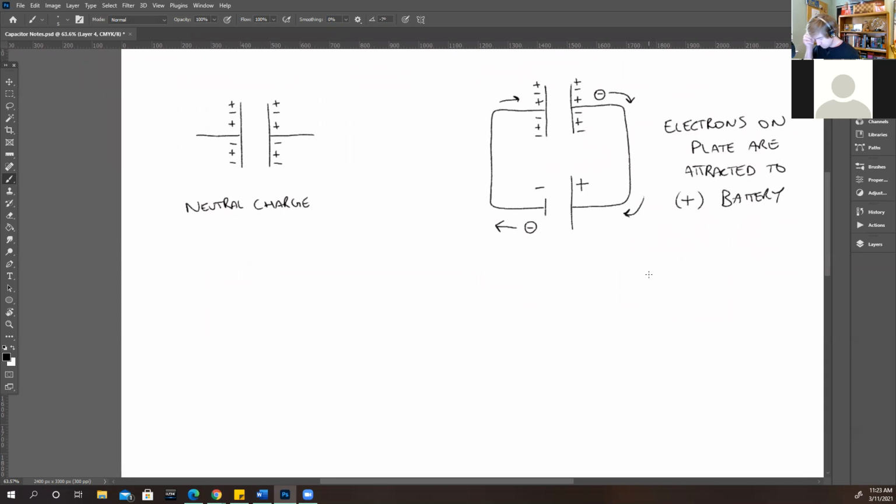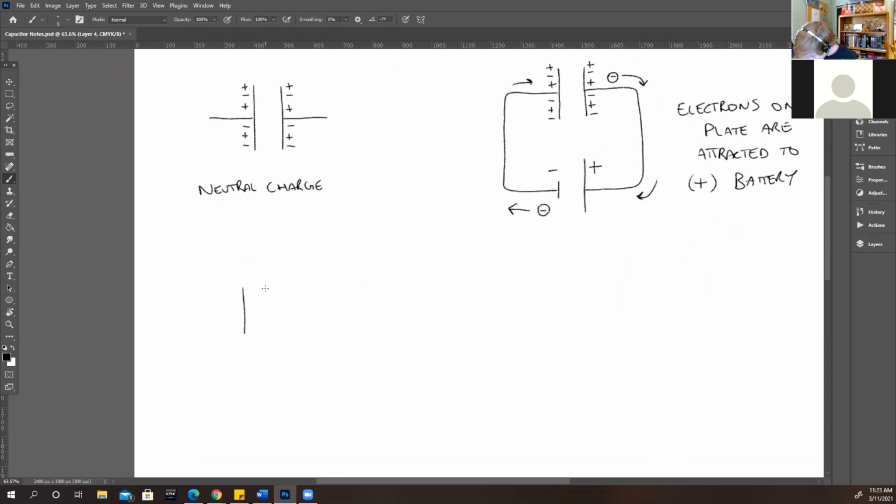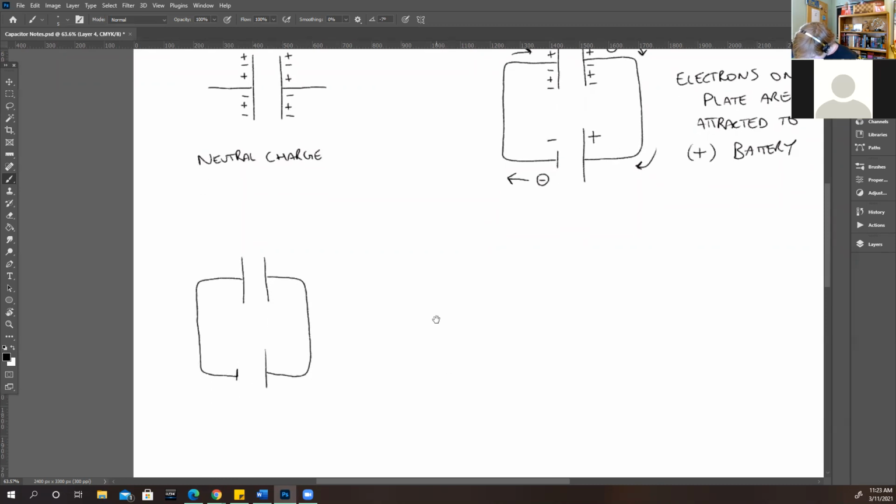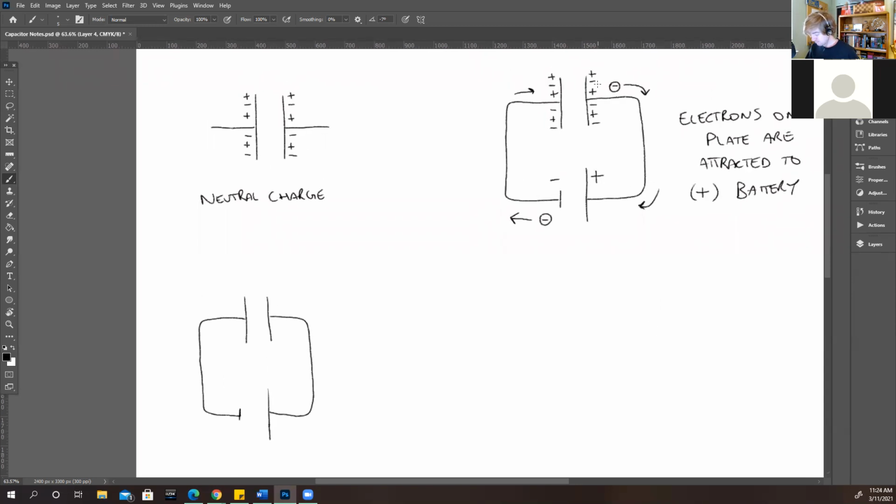Okay, so let's go to what's happening now over here. Let's say it's been however long, negative, positive, and you can see that's only the negative charges. You have to remember only electrons are the ones that are moving in anything. So the electrons are free to move as they wish.